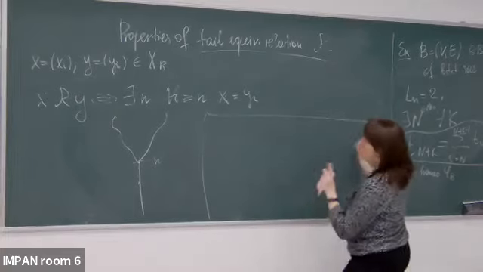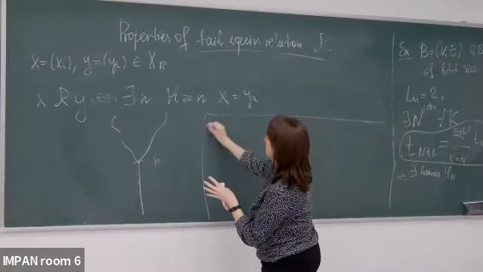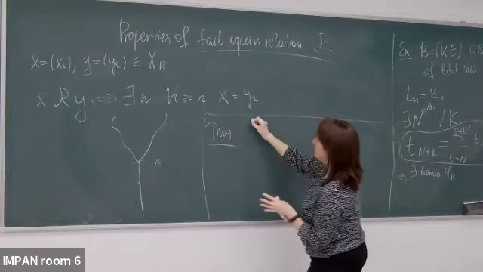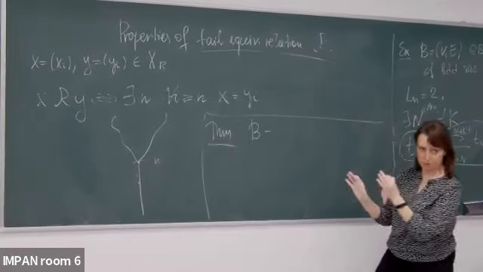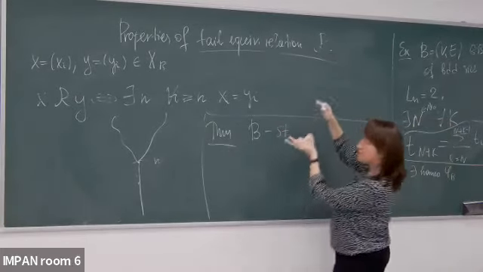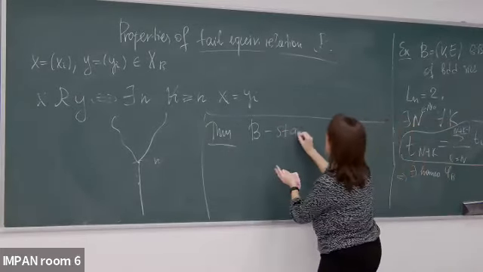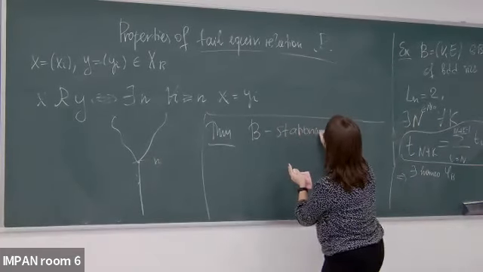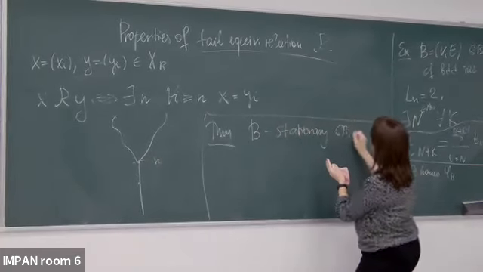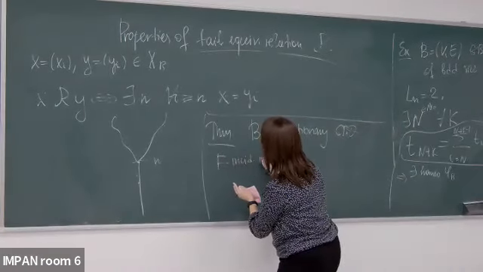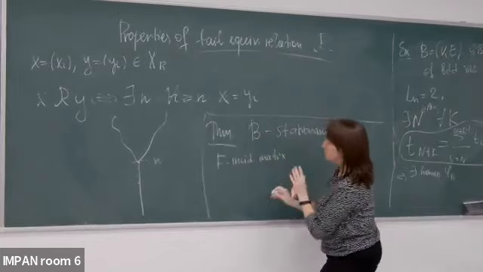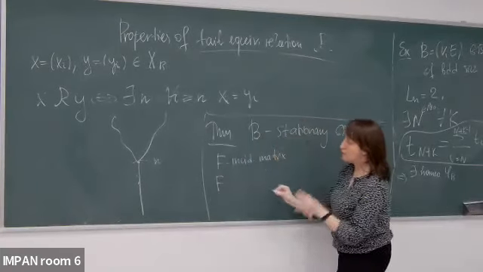And suppose we have, there's a theorem: let B be a stationary generalized Bratteli diagram, so the incidence matrix is the same for all levels, and let F be the incidence matrix. And here we assume that F is irreducible and aperiodic.